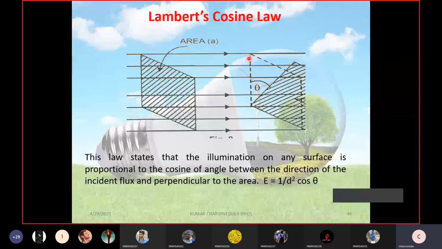So this is the direction of flux and this is your area which is perpendicular. So illumination E is equal to I by d square into cos theta.